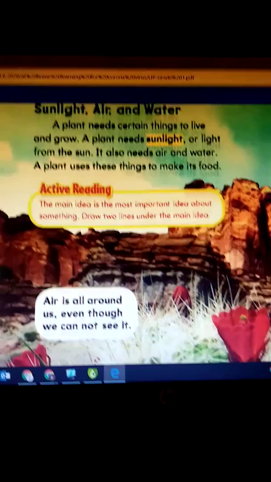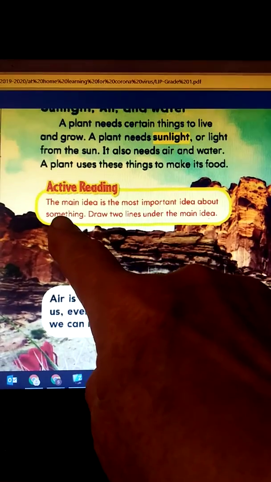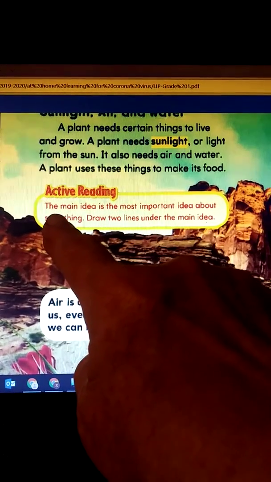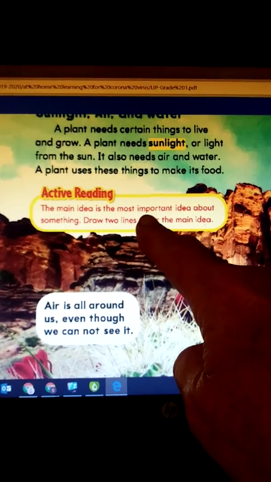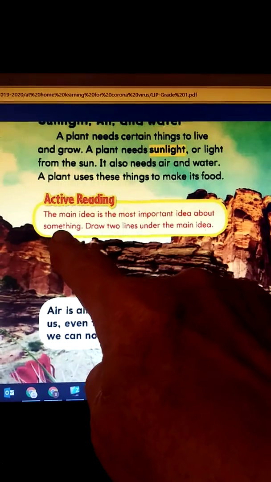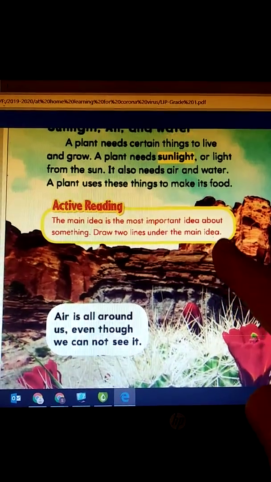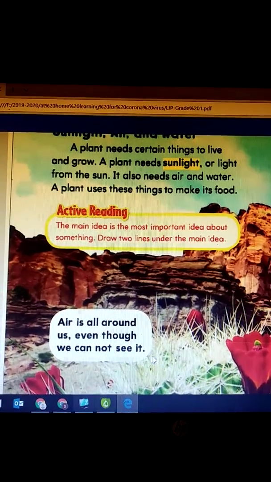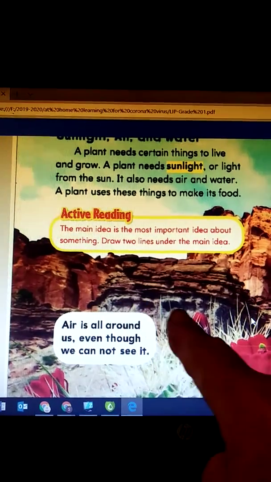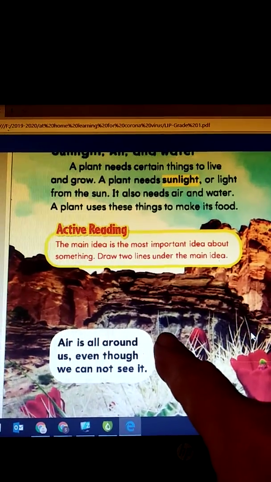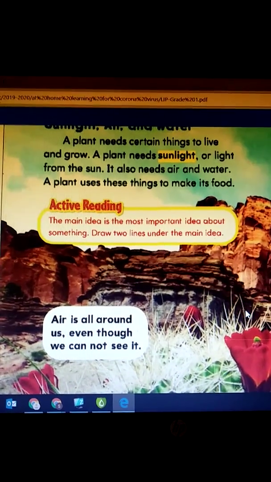Let's keep going. We have a little box here that says active reading. So as we're reading, we're going to read to understand, and this time it's asking us to find the main idea. The main idea is the most important idea about something. Draw 2 lines under the main idea. What would we call this text feature right here? Well, it's words that are on a picture, just like a hat is on top of your head, so we would call that the caption.